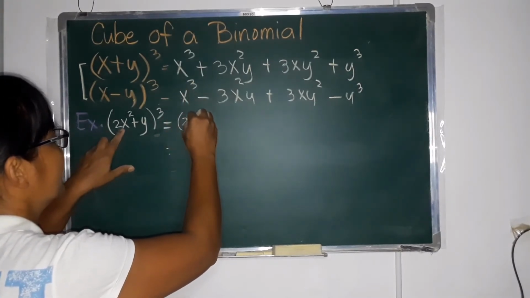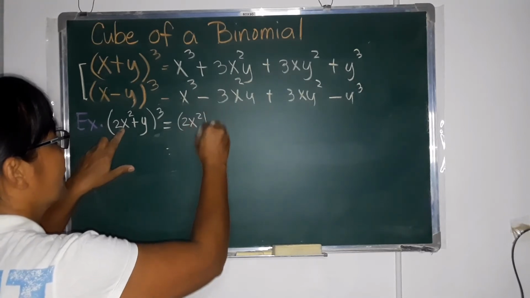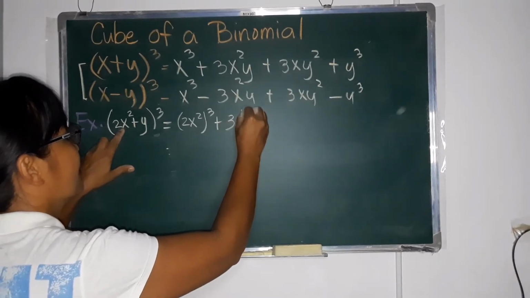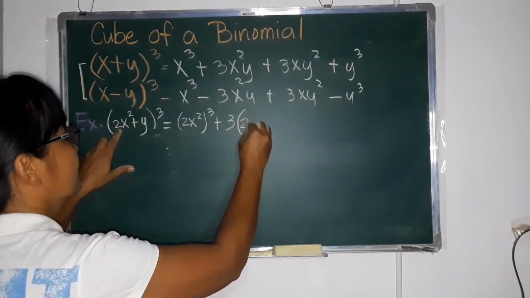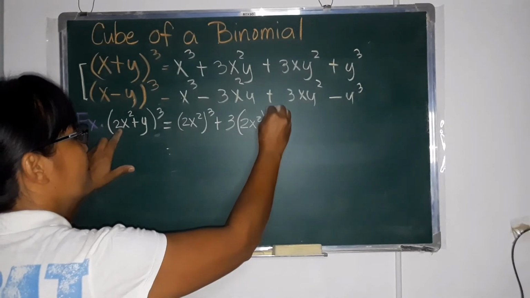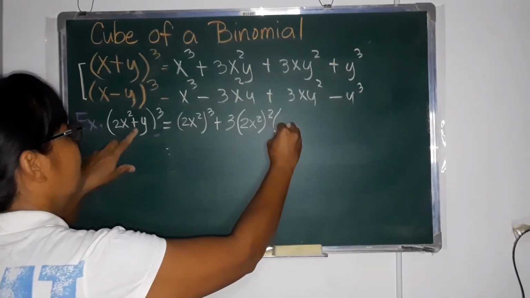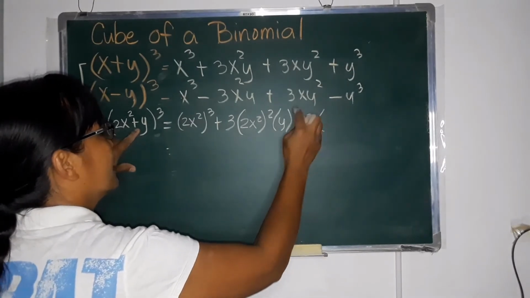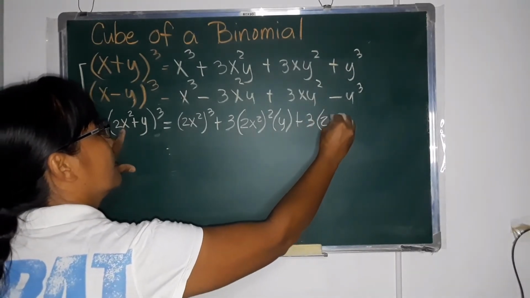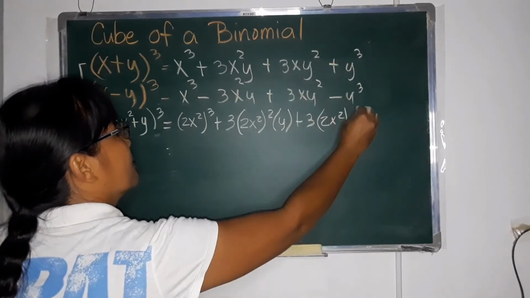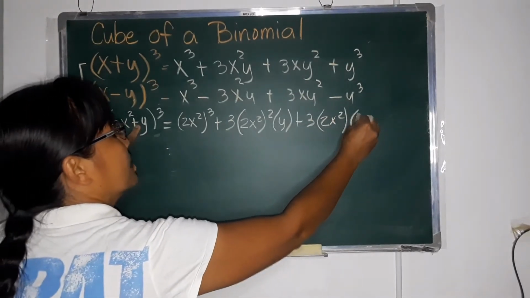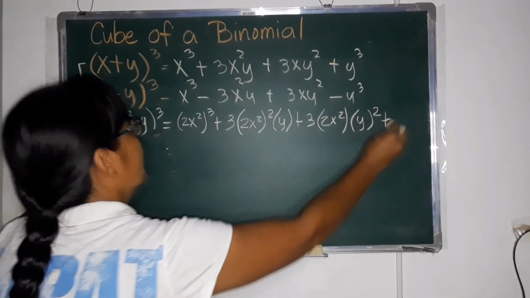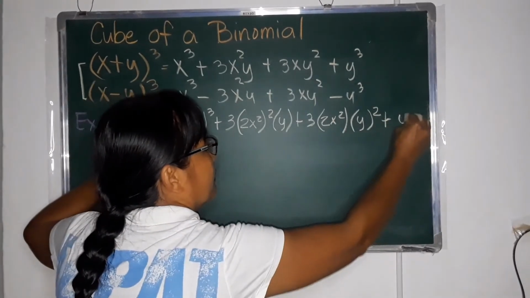So, kopyahin si first term, (2x squared) cubed, plus trice squared ang first term, (2x squared) squared multiplied by the second term, y, plus trice the first term, which is 2x squared, multiplied by the square of the second term, plus cube of the last term.